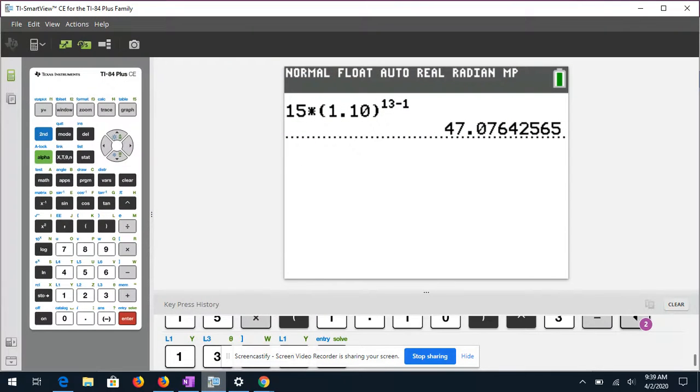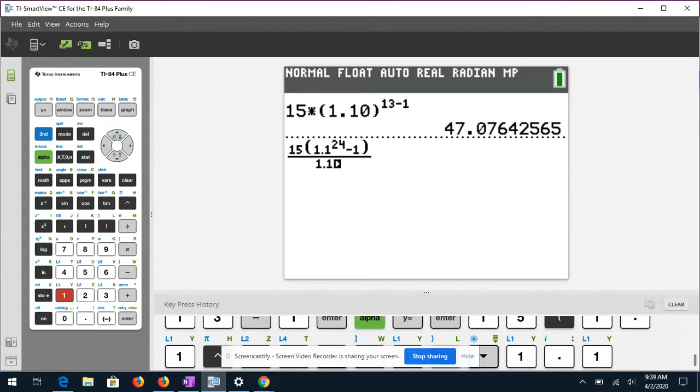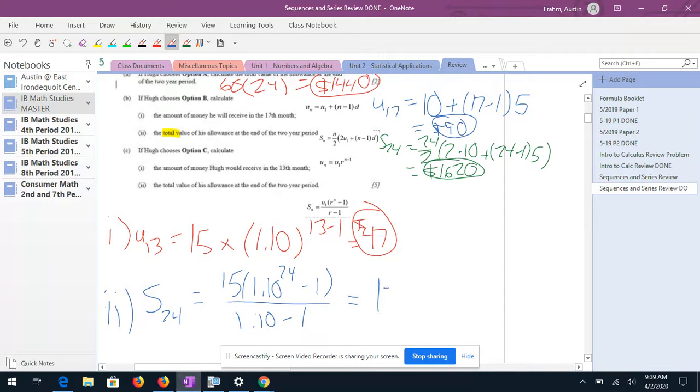Type that into your calculators. Alpha y equals to get the fraction. Again, we're going to round to the nearest dollar, so it comes out to be $1,327.